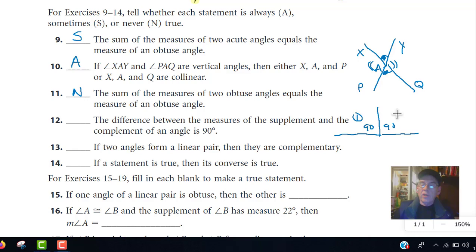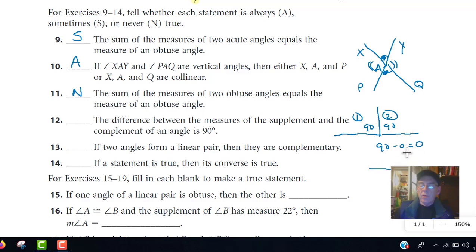So angle 1 is a supplementary angle to angle 2. So the difference between the measures of the supplement, which is 90, and the complement of an angle, well, a 90-degree angle actually has no complement. So that works for that, but it's not so good.